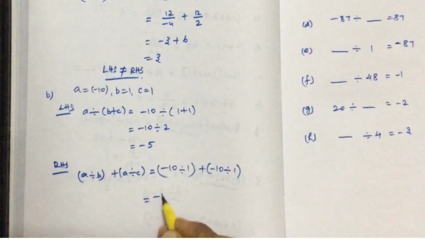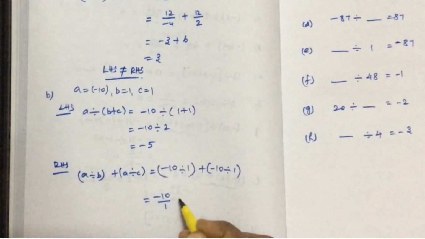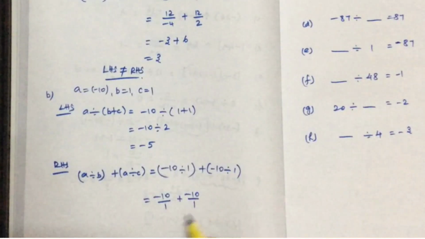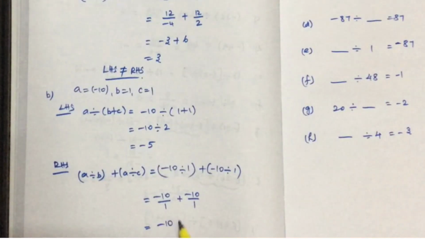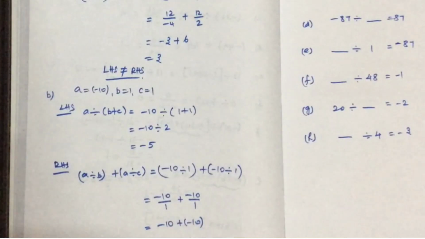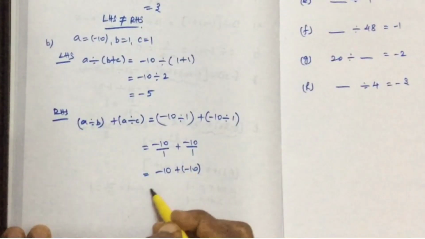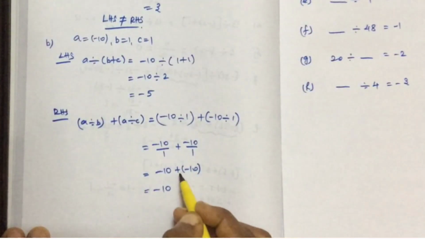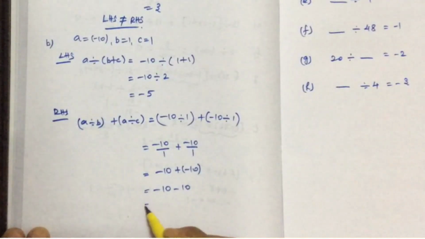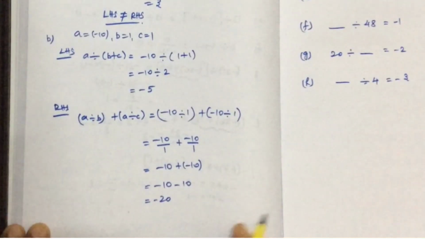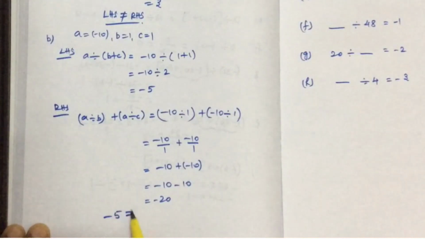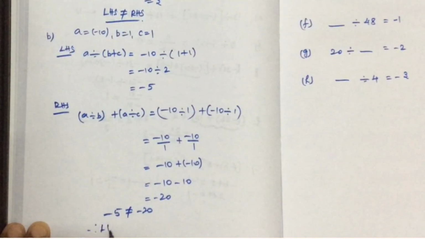That is minus 10 divided by 1 plus minus 10 divided by 1, that is equal to minus 10 plus of minus 10, that is equal to minus 10. So plus of minus, minus 10, that is equal to minus 20. Now we can say minus 5 is not equal to minus 20. Therefore, left hand side is not equal to right hand side.